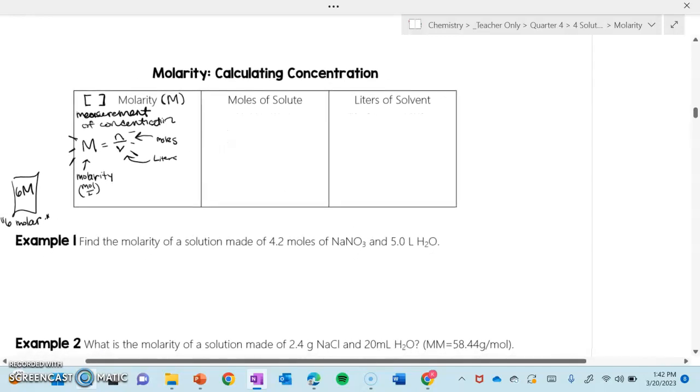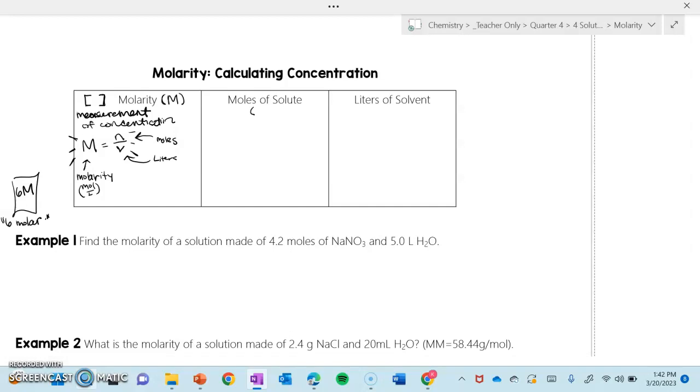So let's take a look at both parts of our molarity equation. We have moles of solute, so there's our n. This is the amount of dissolved particles, and you can use molar mass to convert between grams and moles if needed, just like we did for gas laws.